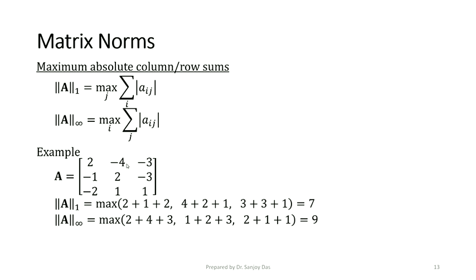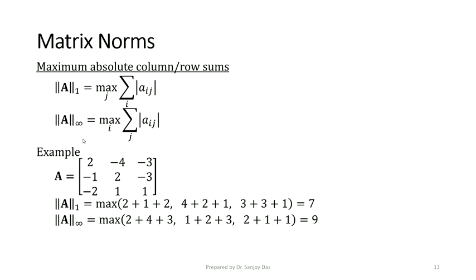Then for the second column, we have 4 plus 2 plus 1. For the third column, we have 3 plus 3 plus 1. Because we ignore the signs, we're taking the absolute values. And then we take the maximum of these three. This is 5, this is 7, this is 7. So we get 7 here.